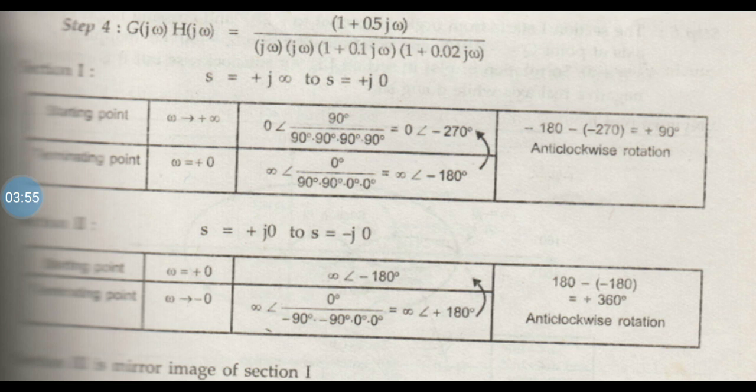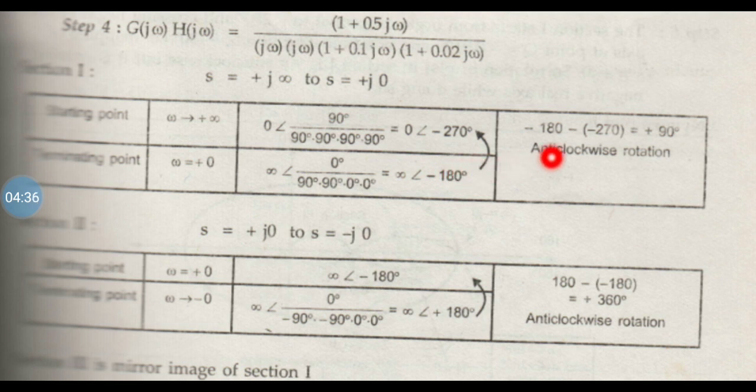Then the terminating point we will find. Omega is equal to plus 0. So find the magnitude. When omega is 0, magnitude is infinity. The angle is 0 degrees divided by 90 degrees, 90 degrees, 0 degrees, 0 degrees, which is equal to infinity at an angle of minus 180 degrees.